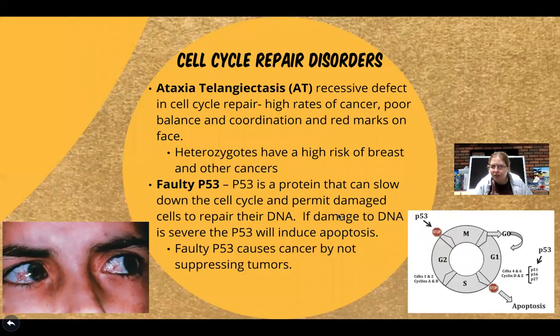And if those different checkpoints and mechanisms don't detect anything wrong, or they detect but don't actually fix anything, then it can lead to some of these cell cycle repair disorders like ataxia telangiectasia. I'm probably saying that wrong. I've never heard this name. I've only ever seen it written down. So I'm doing the best I can.